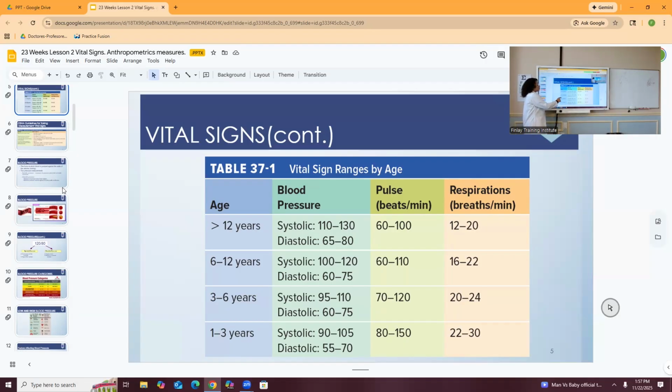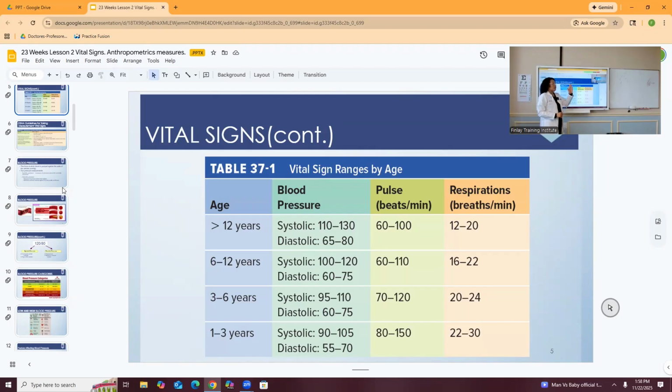Patients from 6 years to 12 years, systolic blood pressure is going to go from 100 to 120 over 60 to 75. The pulse is going to be from 60 to 100, and the respiration is going to be from 16 to 22. The younger the patient, the more increased respirations and pulse that you will see. From 3 to 6 years, blood pressure is going to go from 95 to 110 for systolic and 60 to 75 for diastolic.